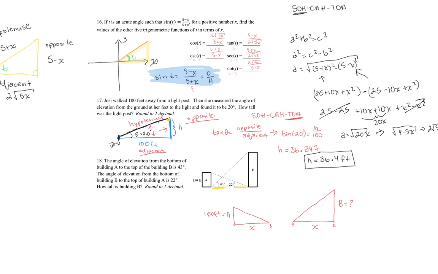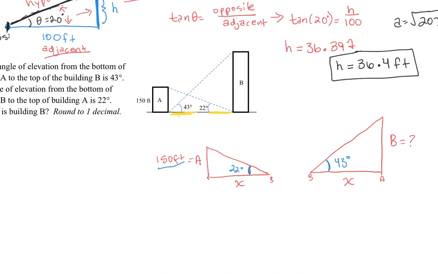The base of triangle A to B, and the base of triangle B to A, exact same. So that means this angle here, 22 degrees, and this angle here, 43 degrees. We can use both of those angles and the side that we already know to find x and eventually to find b.